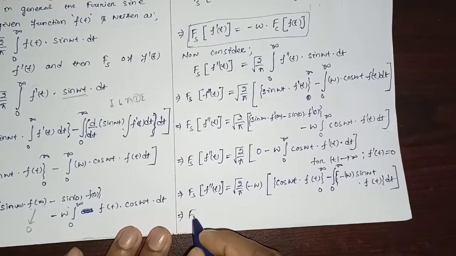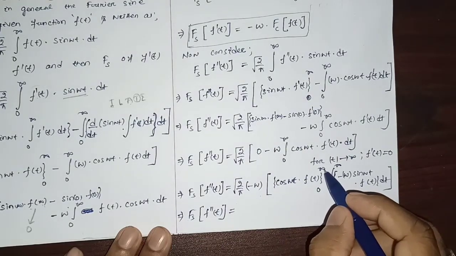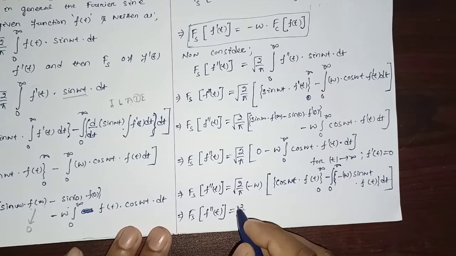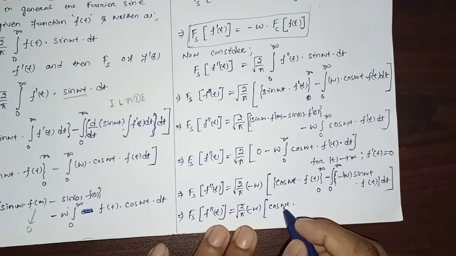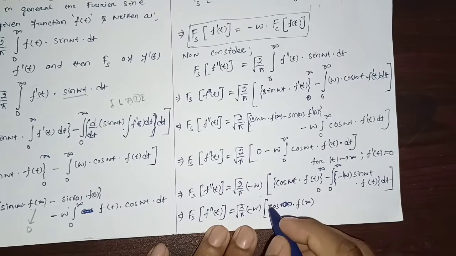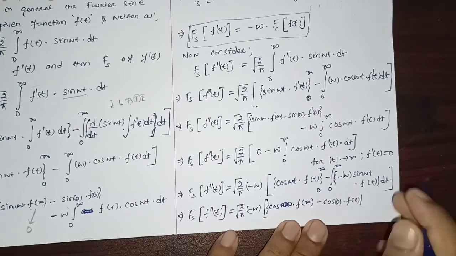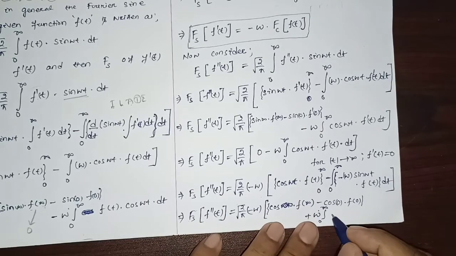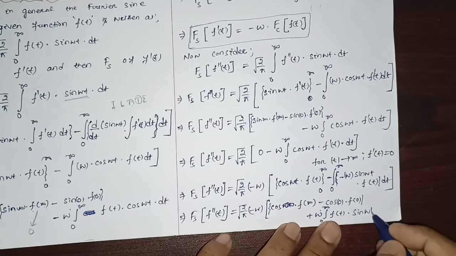So here we found that the Fourier sine transform of the double derivative of the function f(t) will be equal to, see here, if I put the limit, f of infinity, you just write it, it will be better, root over 2 by pi, minus omega, cos omega t, sorry, cos omega infinity means cos infinity, into f of infinity, then minus, we have to put 0, cos 0 into f of 0, then this is your minus plus omega, integral 0 to infinity, f of t into sin omega t into dt.